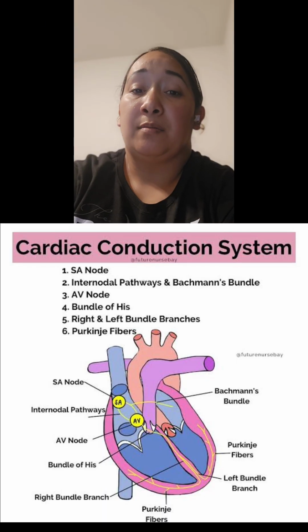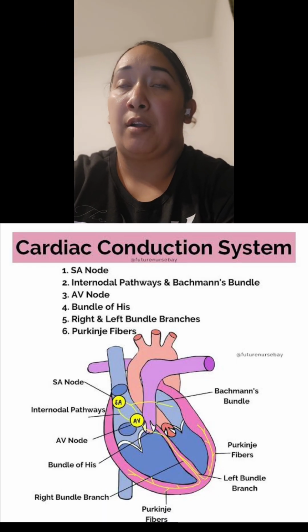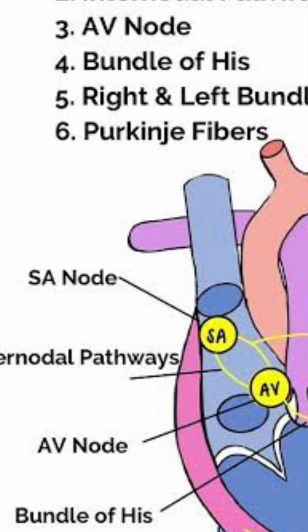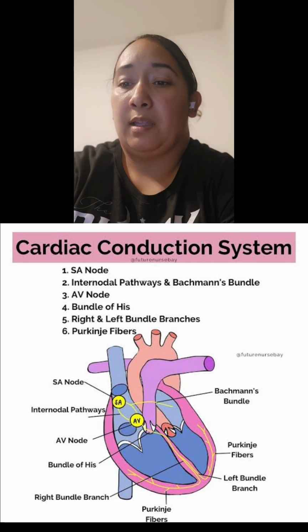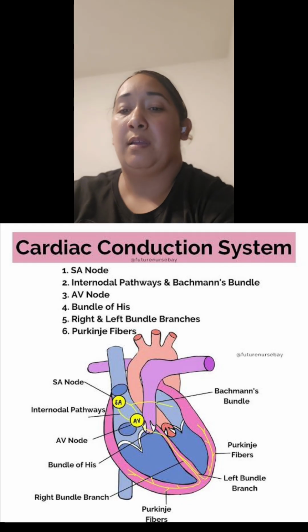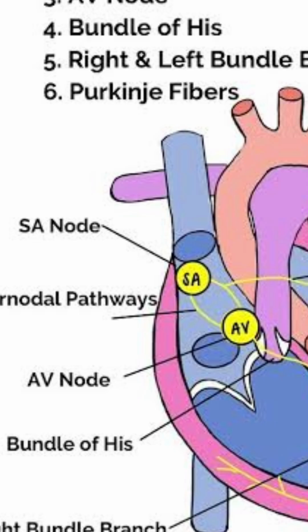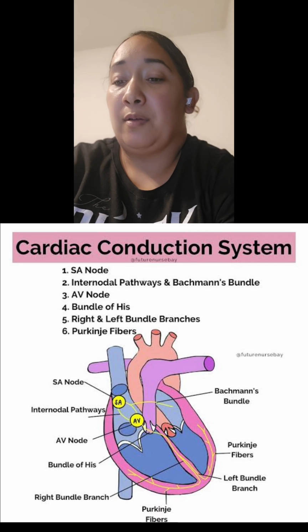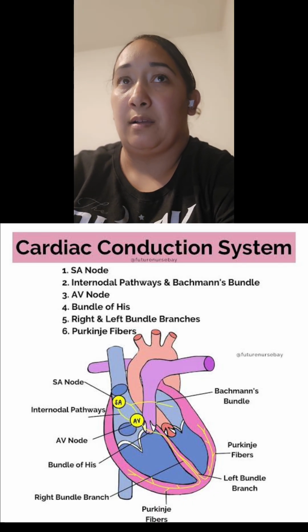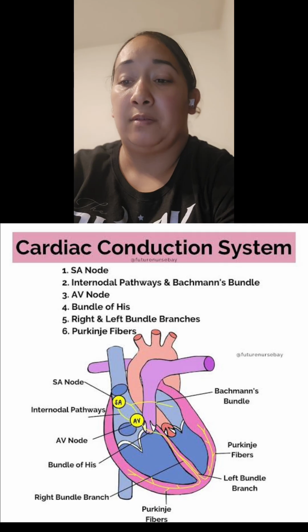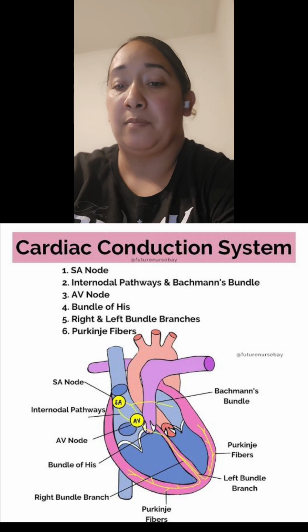Some of the components involved with the cardiac system are the SA node, which is the heart's natural pacemaker. It initiates the signal and then it travels through the AV node, which briefly delays, so it allows the atria to finish contracting.